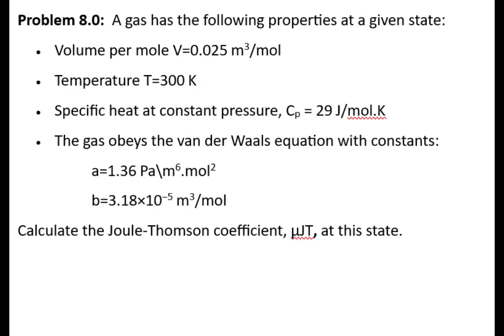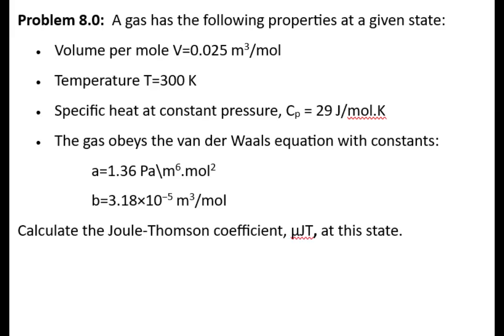Problem 8.0. A gas has the following properties at a given state. Volume per mole V equals 0.025 m³/mol. Temperature T equals 300 K. Specific heat at constant pressure, Cp, equals 29 J/mol·K.